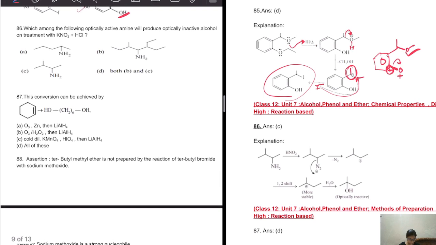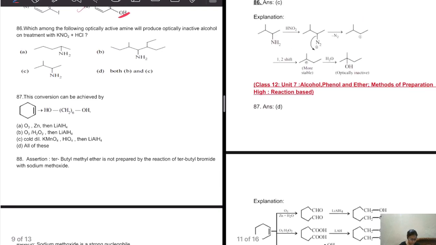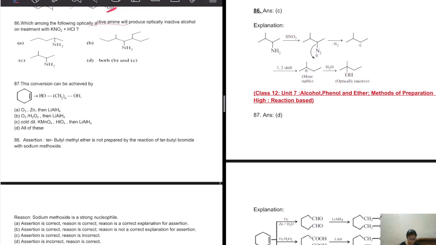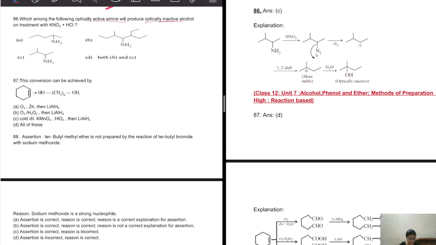Now let's see the next question. Which among the following optically active amines will produce optically inactive alcohol on treatment with KNO2 and HCl? See, we need optically inactive alcohol. So here this NH2 will be converted to N2 positive. Then this will leave. This is a leaving group.